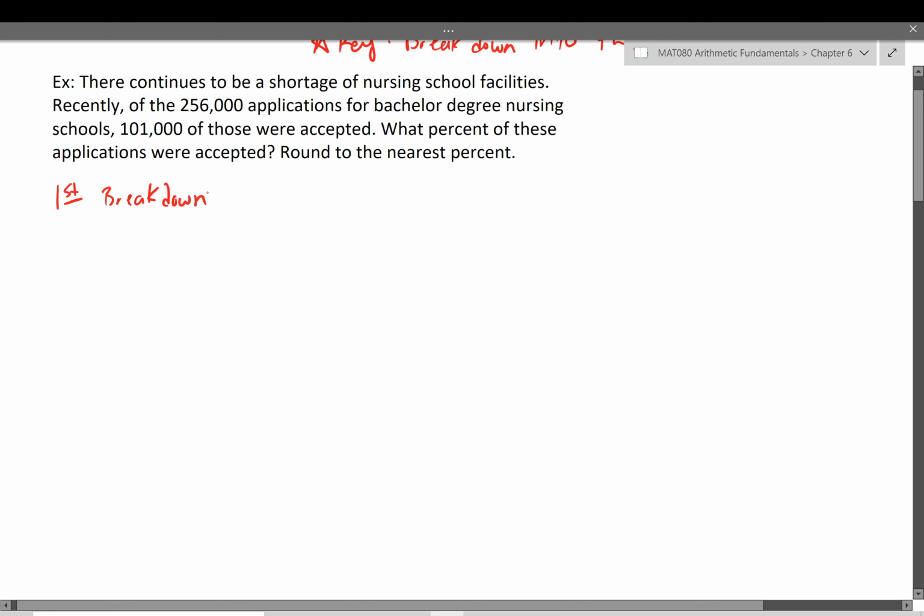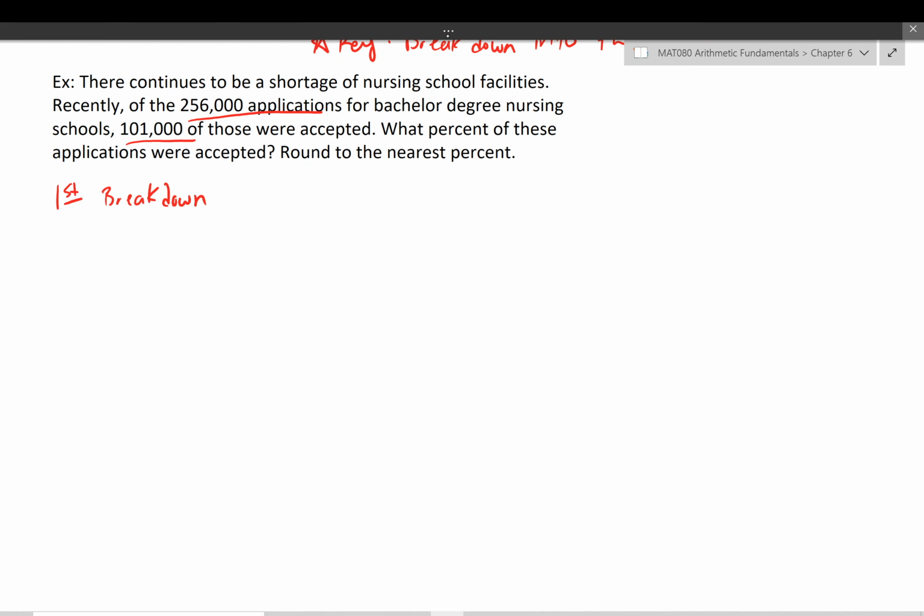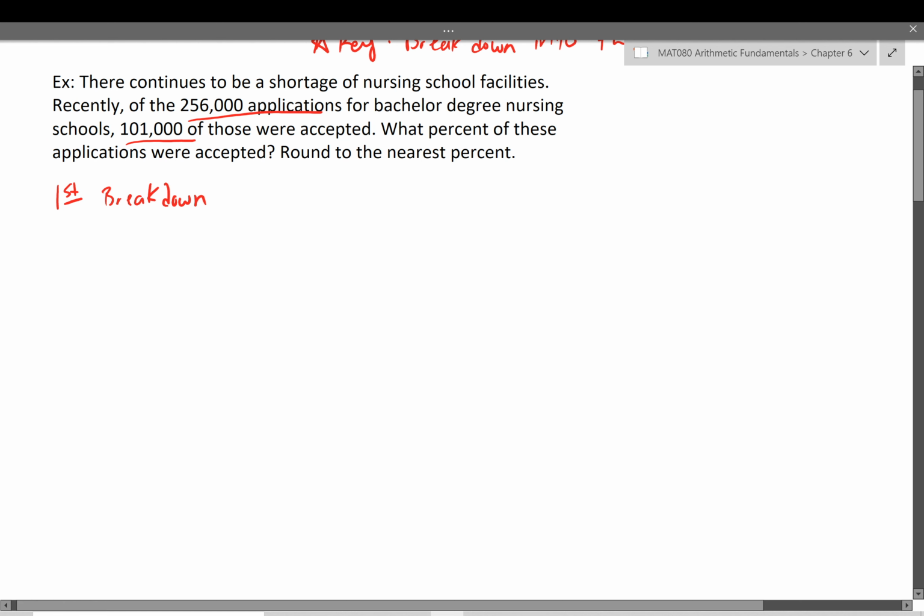We know that we were looking at the total number of applications, and we have an accepted amount. And here's the key to the problem right here. I'm going to highlight it for us. It says, what percent of these applications were accepted?